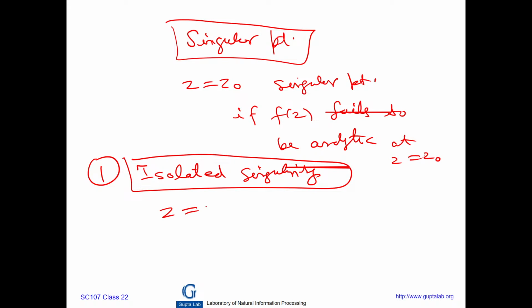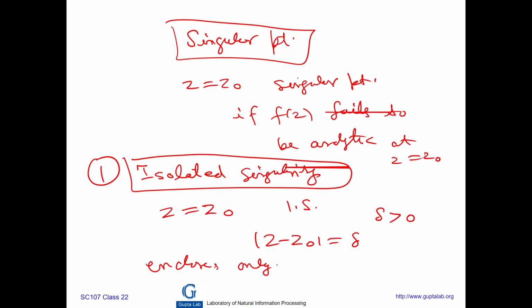A point z equal to z naught is known as IS, isolated singularity, if we can find delta positive such that the circle modulus of z minus z naught is equal to delta encloses only one singularity z is equal to z naught and no other.